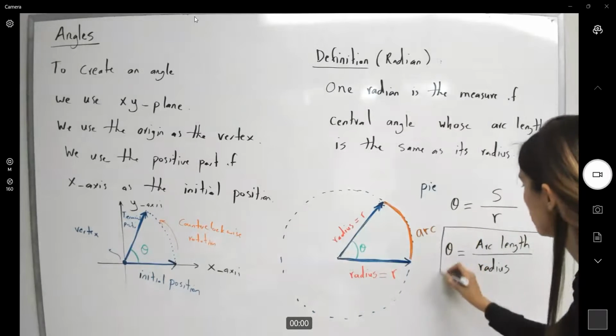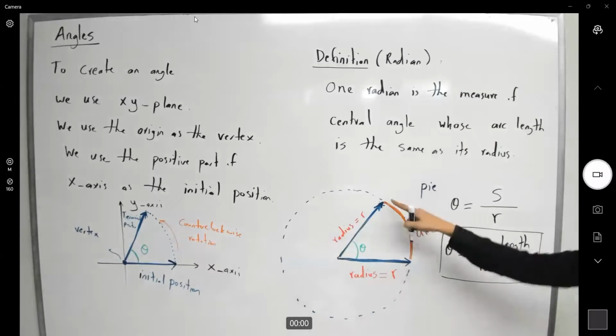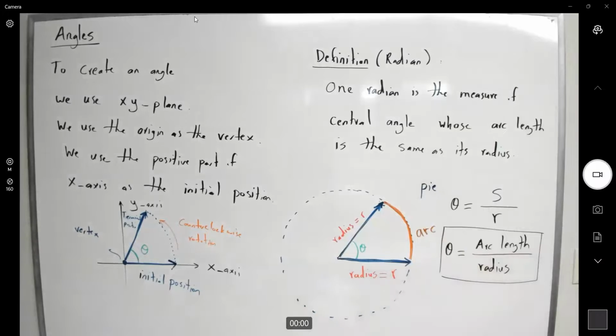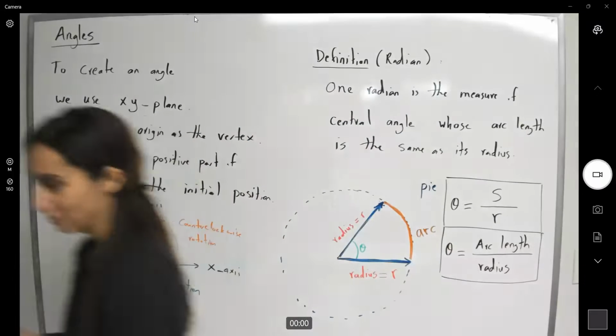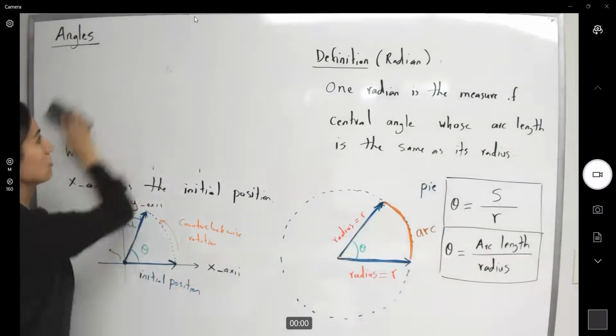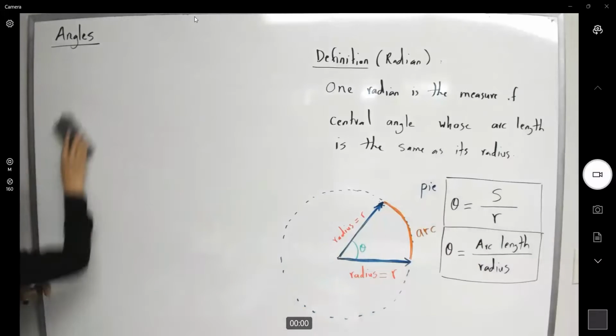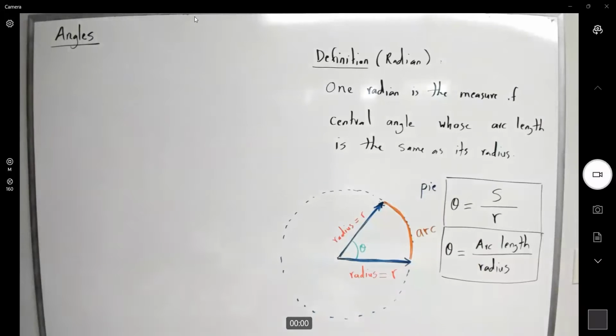So this is the definition of radian. To calculate the radian, you take the arc length, denoted by S, and divide it by the radius itself. Very good.